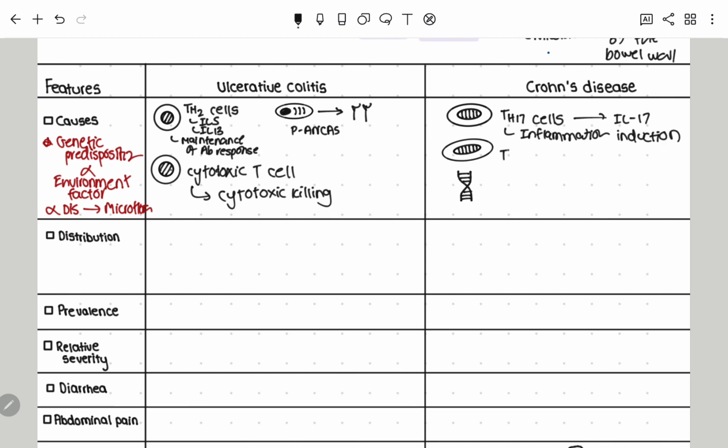And then we've got another cell type that is involved, which you'll be more familiar with, which is the Th1 cell lineage. This is responsible for secreting pro-inflammatory cytokines, which you will remember: TNF alpha, interleukin 1, interleukin 6.